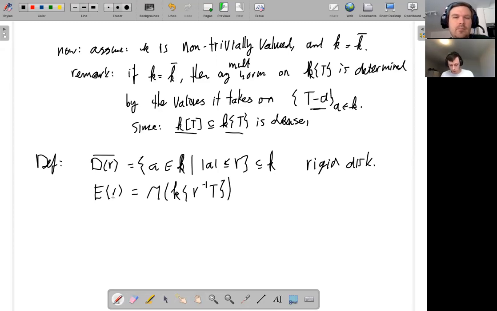Okay, so we have two types of disks. And now the nice thing is that there is a map from this rigid disk to this Berkovich spectrum.